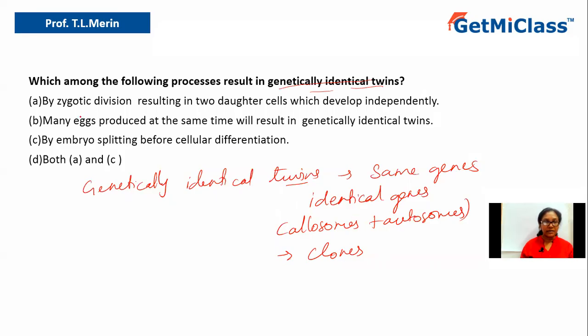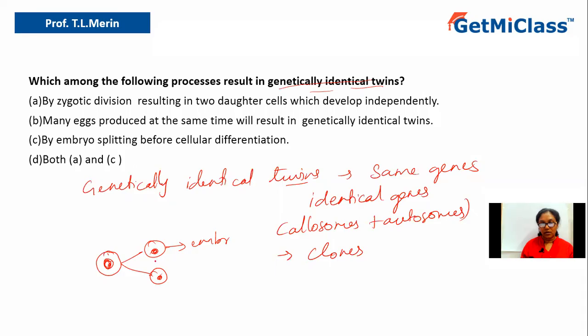Now let us understand the options. The option is by zygotic division resulting in two daughter cells which develop independently. Suppose after fertilization, one male gamete fuses with a female gamete and you get the zygote. Sometimes this zygote divides into two daughter cells, and the two daughter cells will develop into individual embryos.